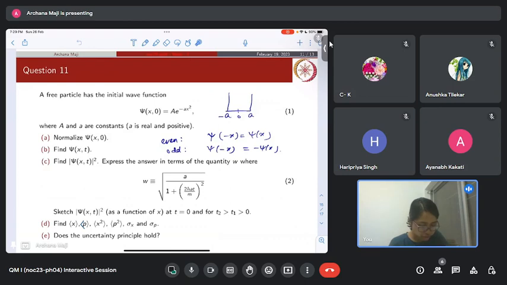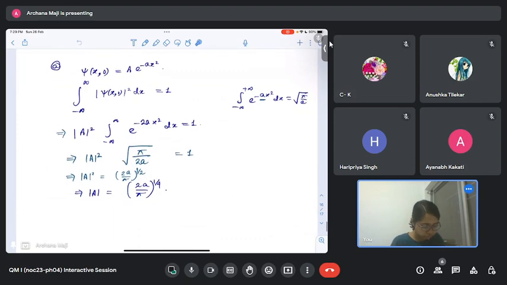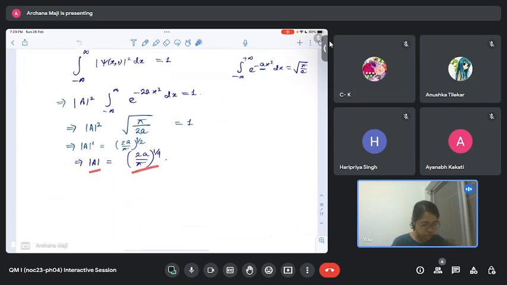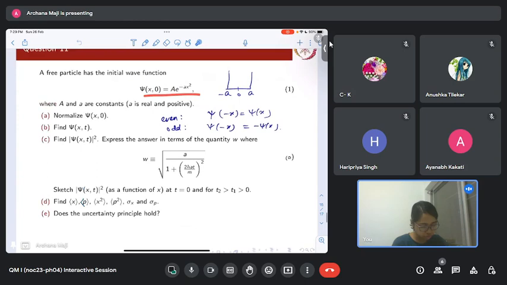The question was, we had a free particle with this initial wave function. We had to normalize it, so that normalization we did. The normalization constant turns out to be (2a over pi) to the power 1 over 4.